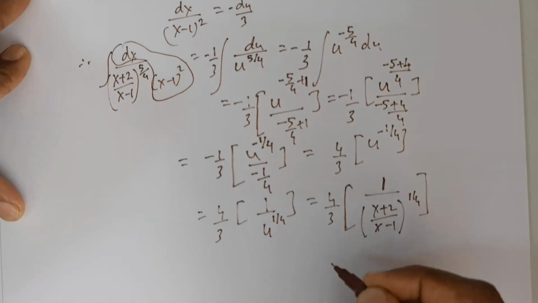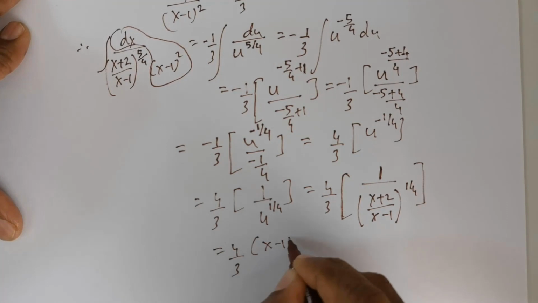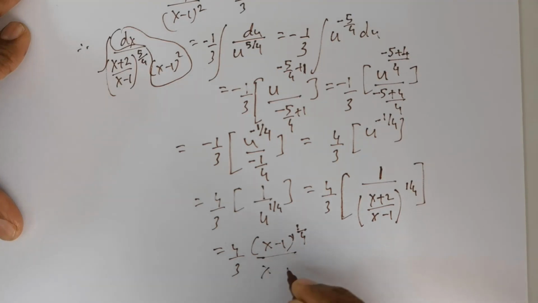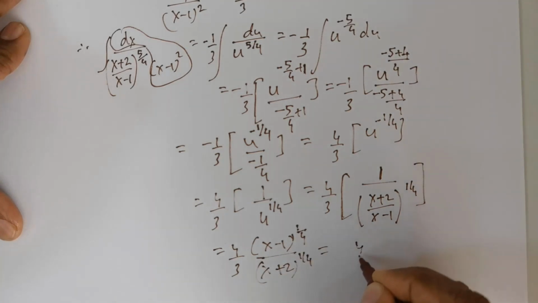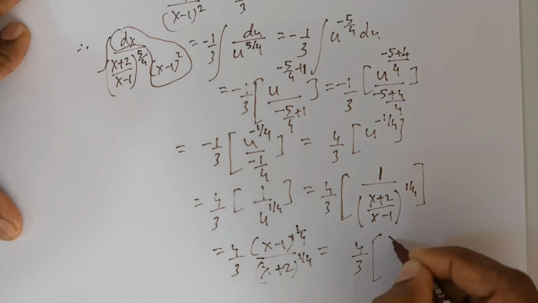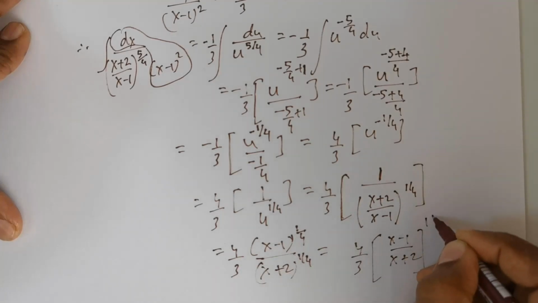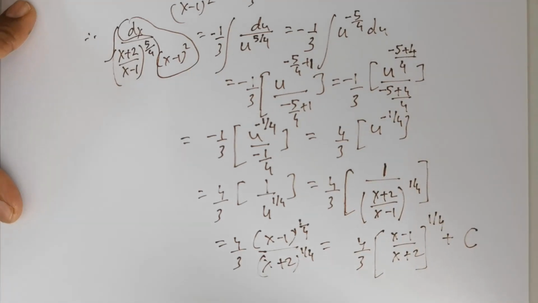Now you can flip this, this is equal to 4 over 3, you flip it, you get (x-1) to the power of 1 over 4 divided by (x+2) to the power of 1 over 4. You can rewrite this as 4 over 3 times ((x-1) divided by (x+2)) raised to the power of 1 over 4, plus arbitrary constant c. Now this is a lovely question.